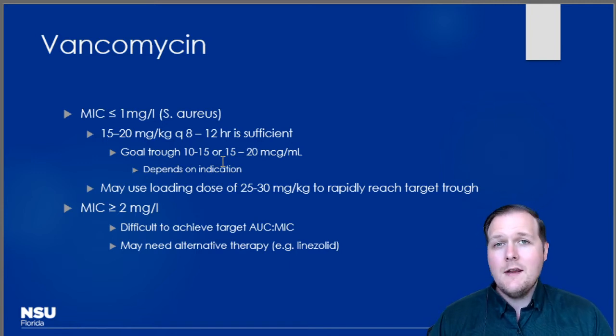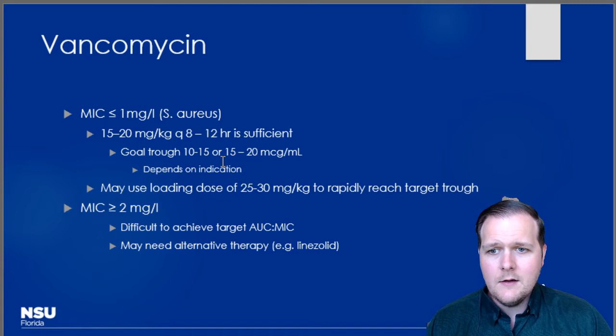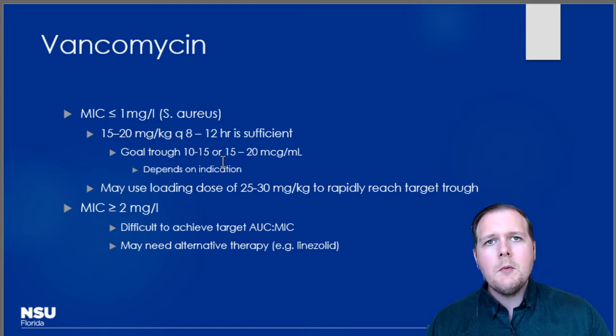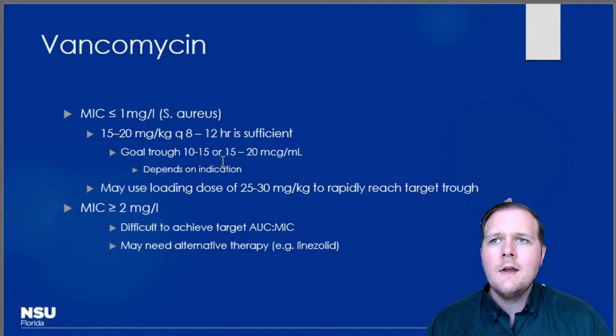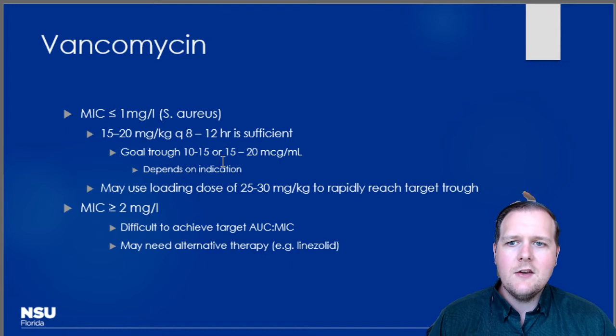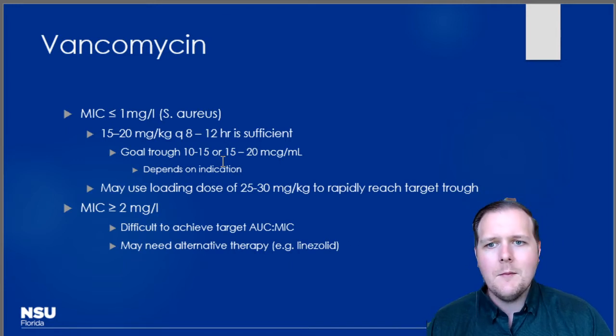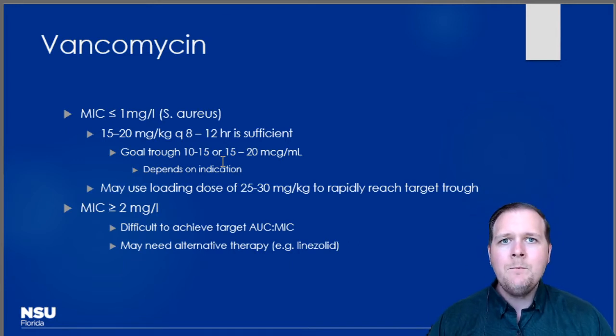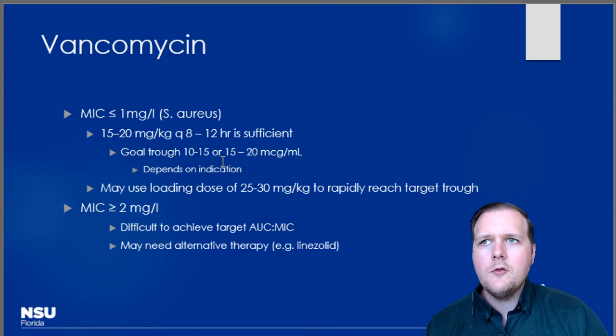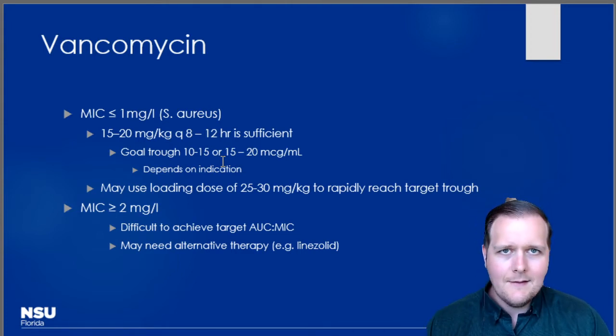Now, what if we have a more difficult site to achieve sufficient concentrations at? Because remember, we're checking a blood level. That is a surrogate for what the level is going to be in the actual tissues where the infection is. If we're treating a patient with meningitis, we don't check CSF levels of vancomycin. We still check blood levels and use that to correlate to what we presume the levels would be in the CSF.